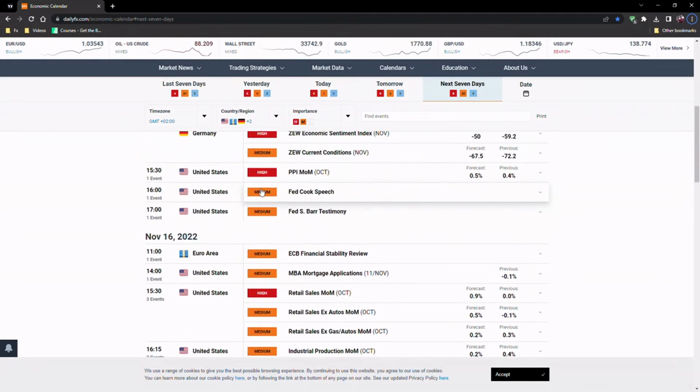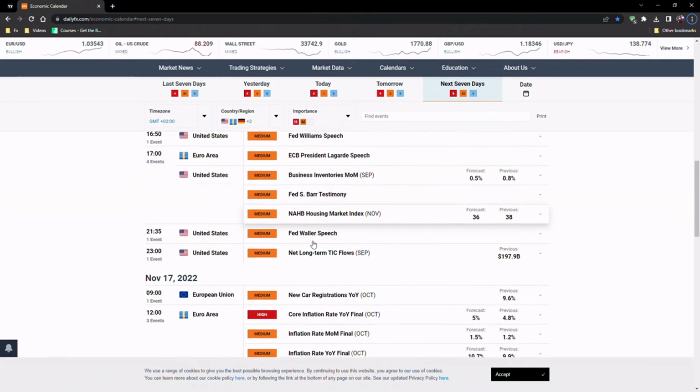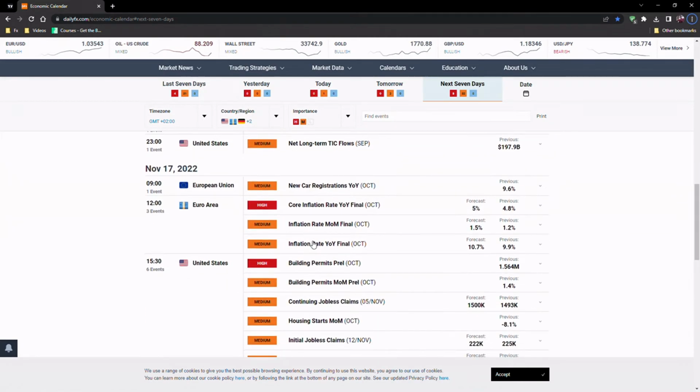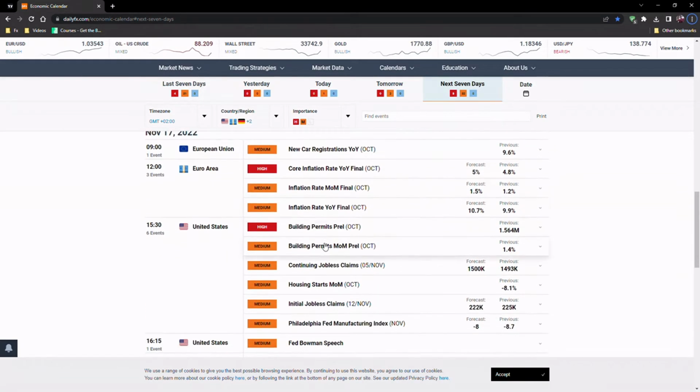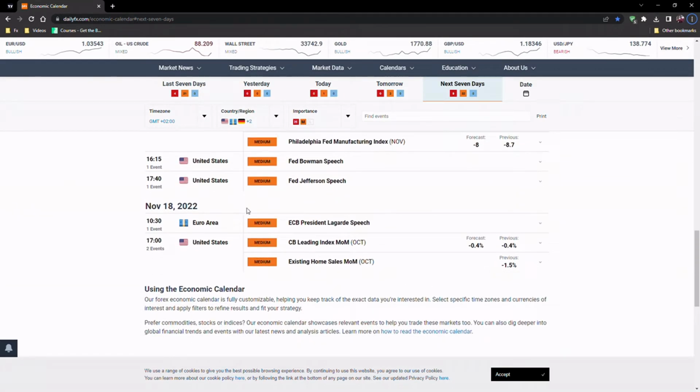On Wednesday, we're just gonna have the retail sales, which might have a moderate movement, and not a lot else on Wednesday. On Thursday as well, not a lot of fundamentals that might have potential big moves toward trading, but it's always good to check before you enter.